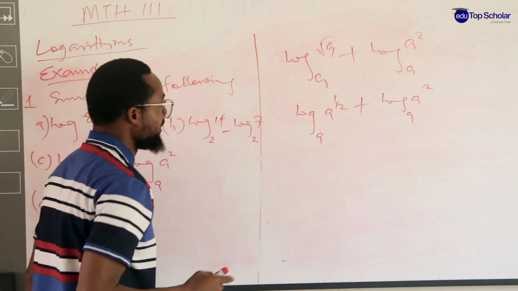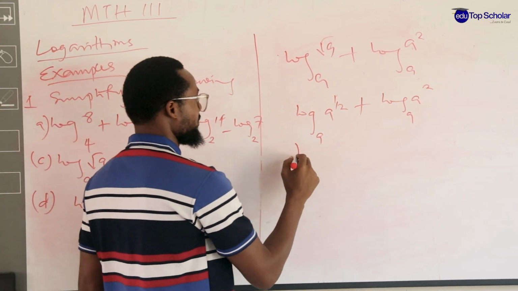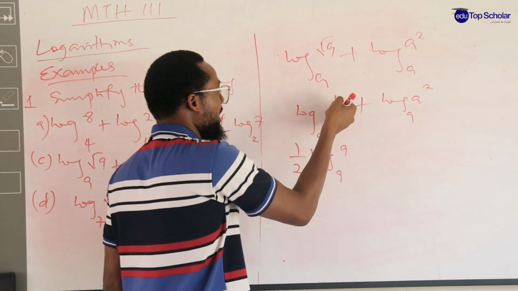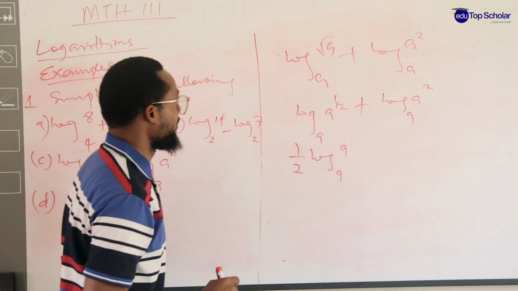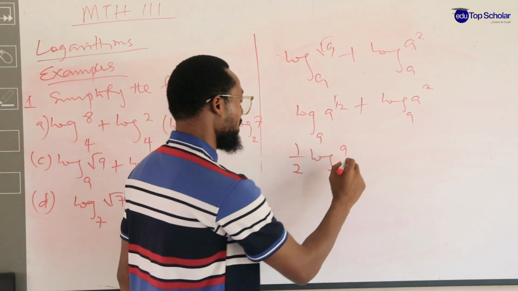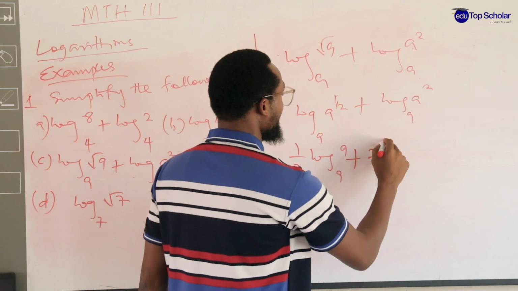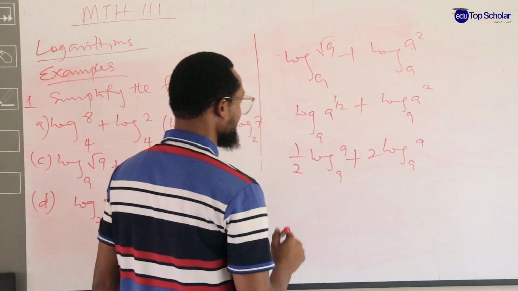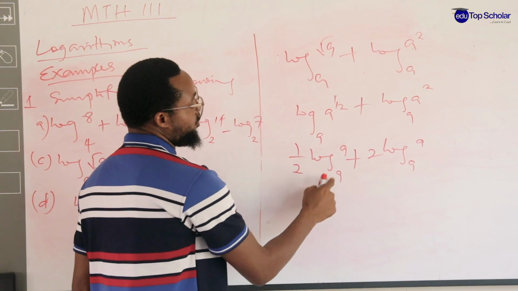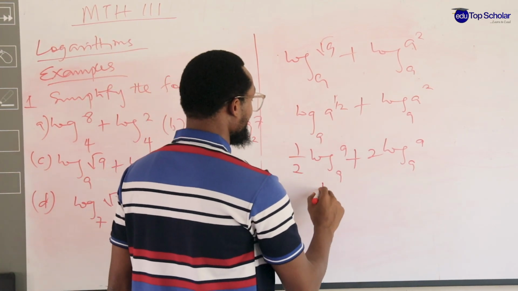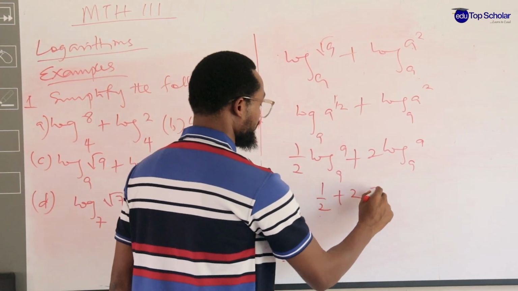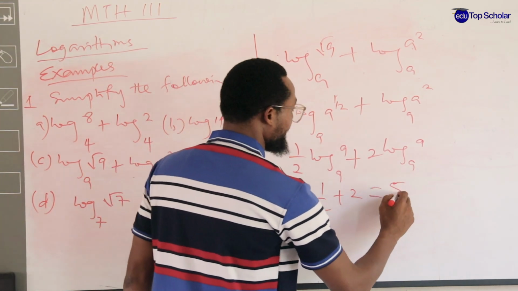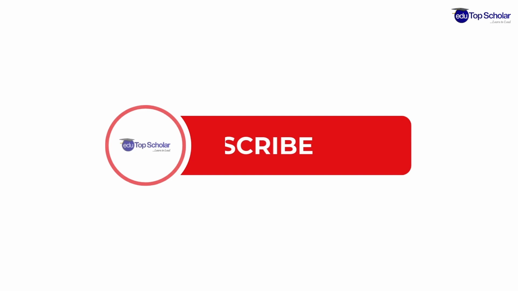From the log law we just used, we can add 1 over 2 log a base a, because this power can come here as a coefficient to the whole log, plus, same way, 2 log a base a. And since each log a base a is 1, we are left with 1 over 2 plus 2. This will give us 2 by 2, 4, plus 1, that will be 5 over 2.